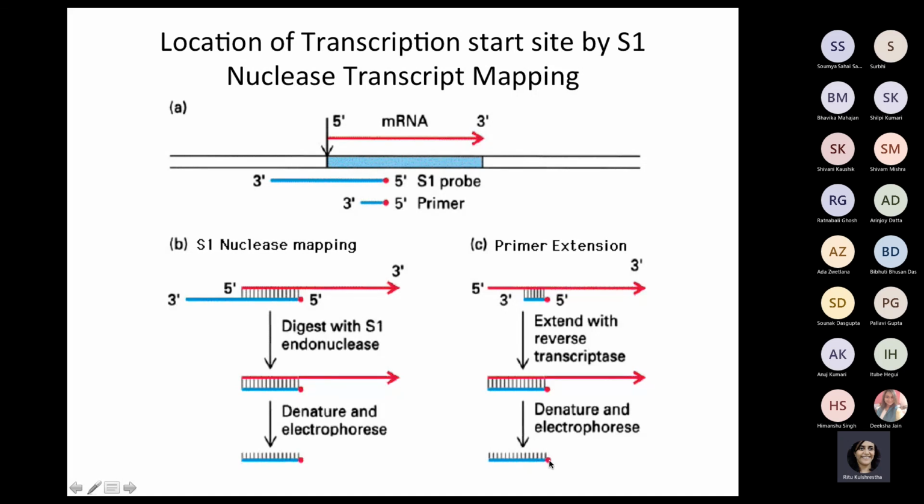Let's say on the sequencing gel, you come to know that this is 100 base pair. So now I know the probe started from here till the 100 base pair, and I will say that is my transcription start site.